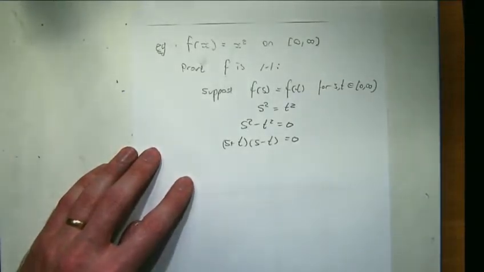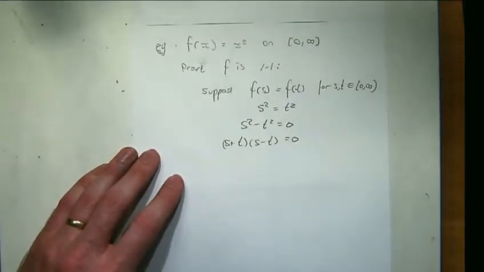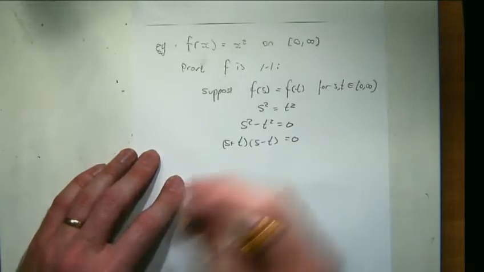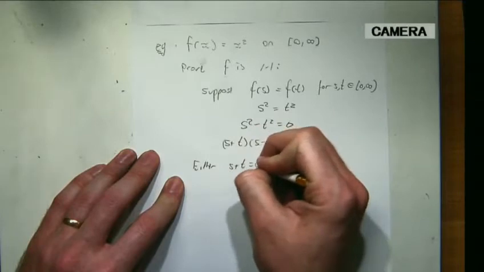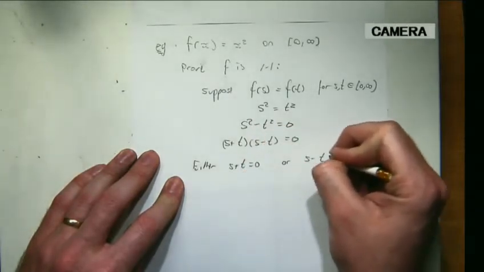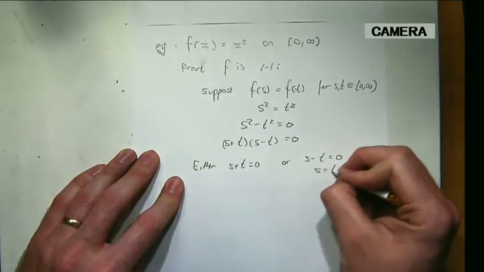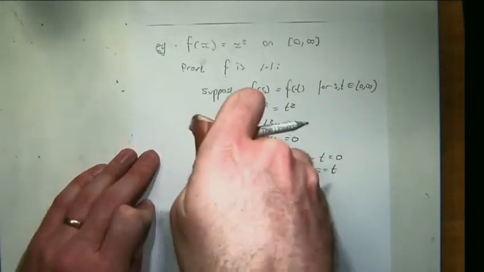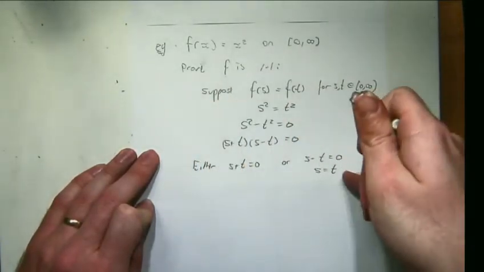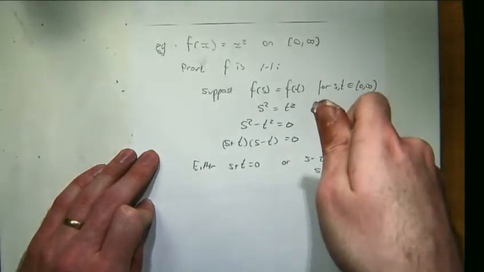Alright. So either s plus t equals 0, or s minus t equals 0, and this one would mean that s is equal to t. That's cool, that's where we wanted to end. We wanted to end at s equals t, because that's what the proof is supposed to do, so that's good.